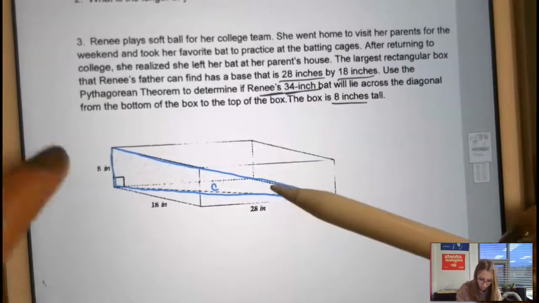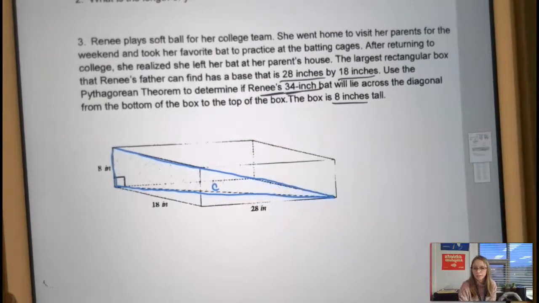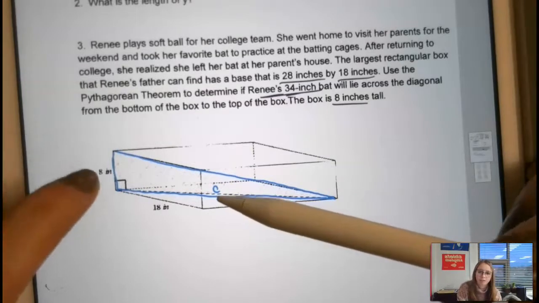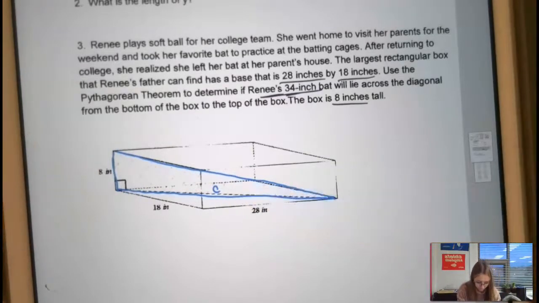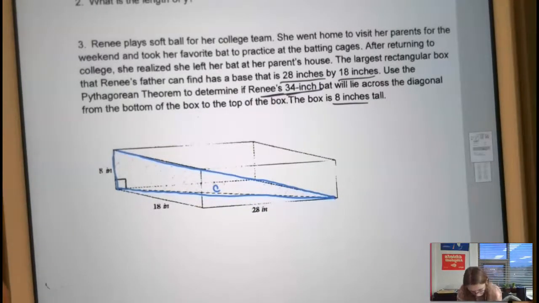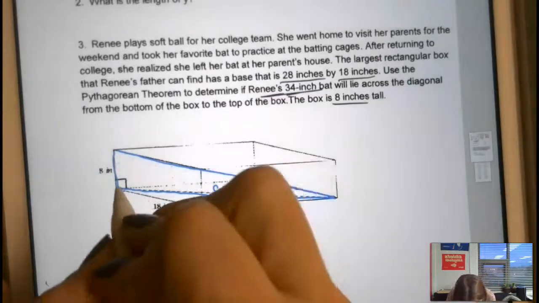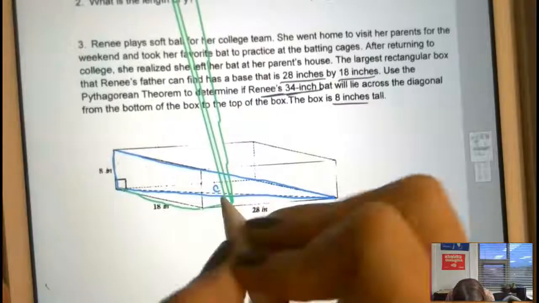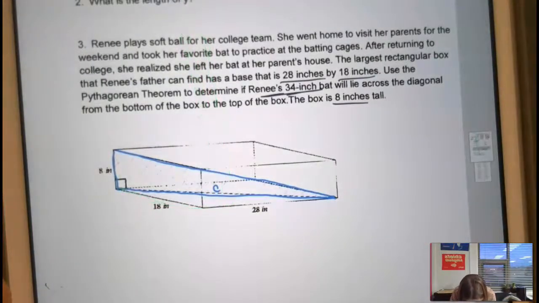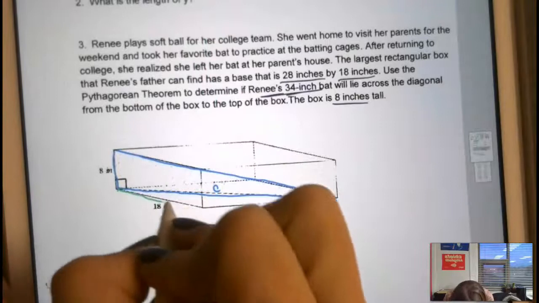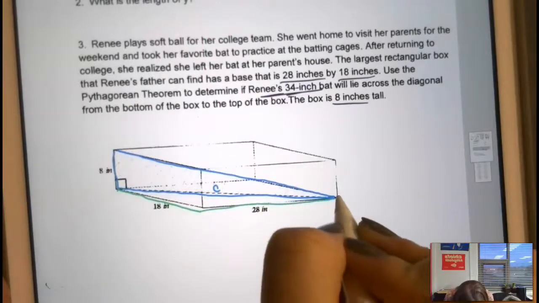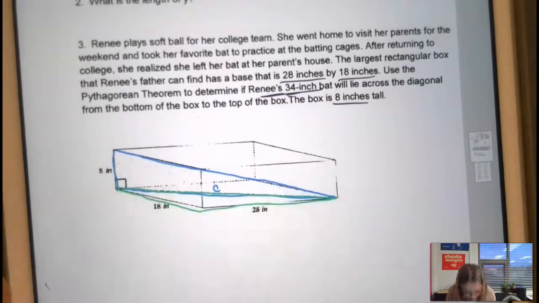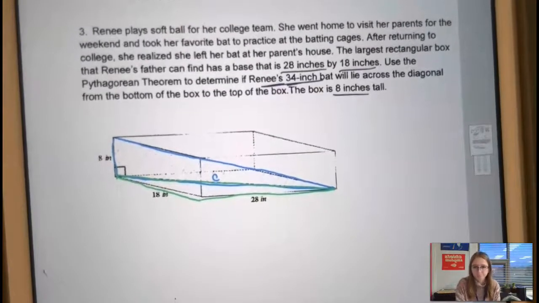Because in order to find our hypotenuse for our answer, we need to figure out what this other side length is, okay? So here we go. Let's go ahead and find that by using 18 and then 28, and we're going to find that diagonal on the base there, okay?